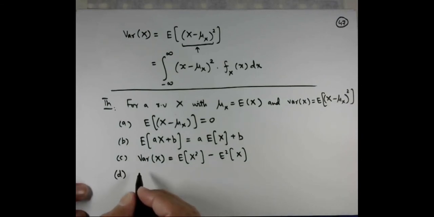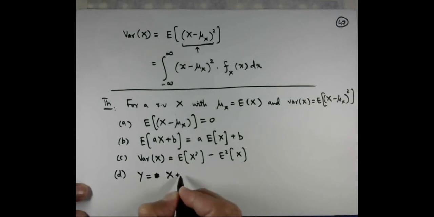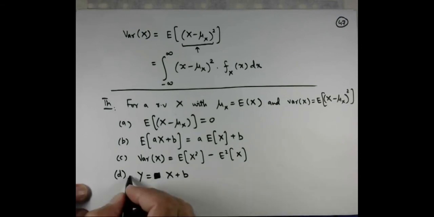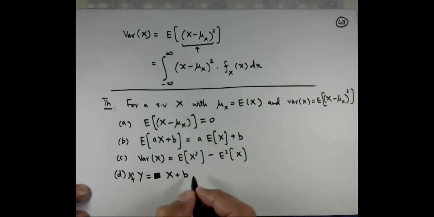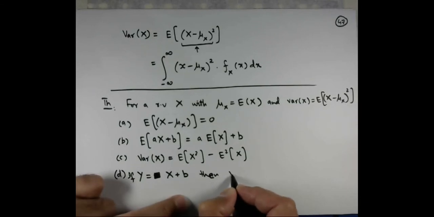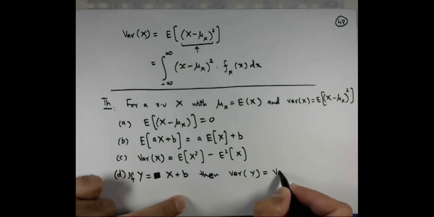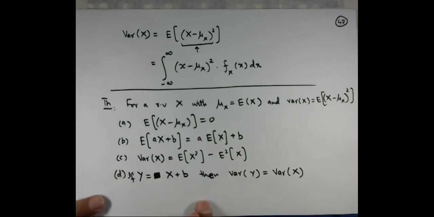Now, one more point: if we have y as some shifted version of a continuous random variable x, if y is equal to x plus b, then variance of y will be simply equal to variance of x, which means shifting does not affect the variance.